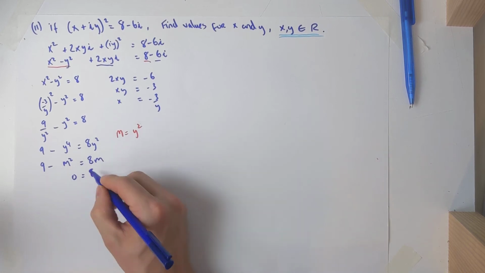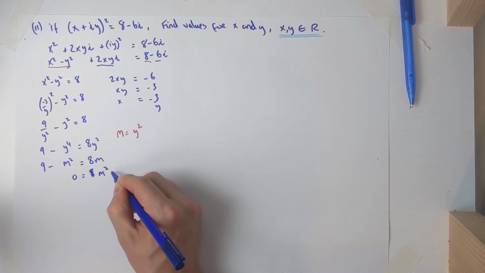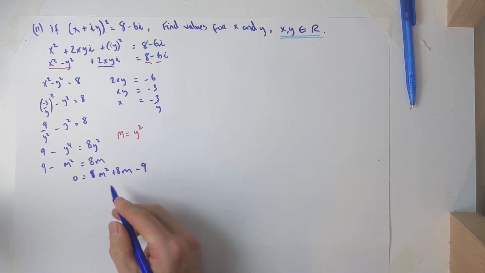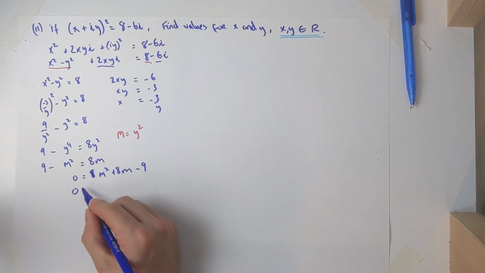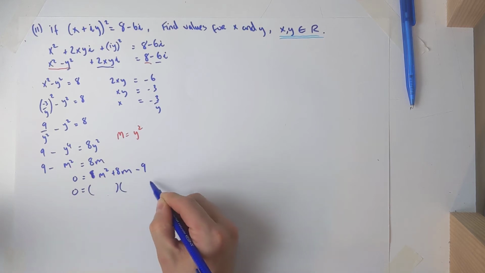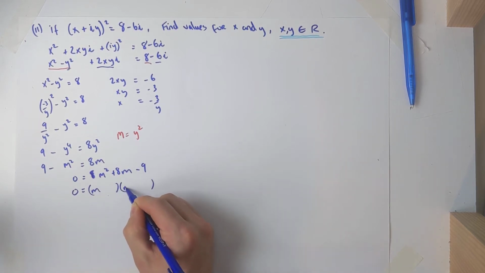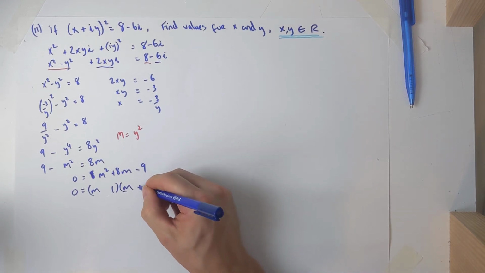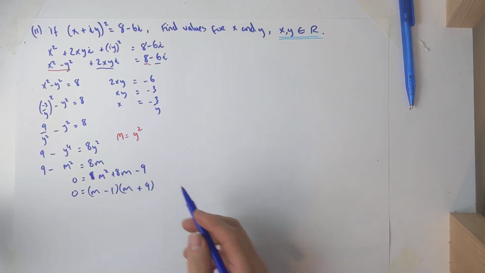So we're going to bring everything over here. We get m squared plus 8m minus 9 is equal to 0, and that's something you can factorize, with m and m, 9 and 1. You have plus 9 with minus 1.